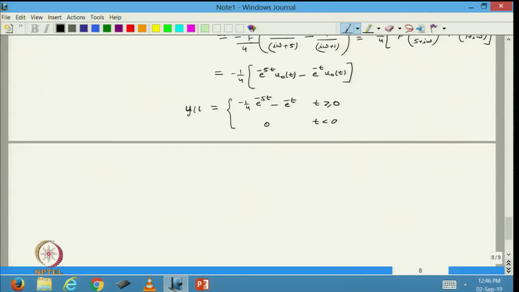So, that is my Green's function for my given differential operator, and the value of the Green's function is splitting at the 0. So, that is my solution of the equation. Also it satisfies that when t tends to infinity, this will go to 0, and when t tends to minus infinity, this is 0.